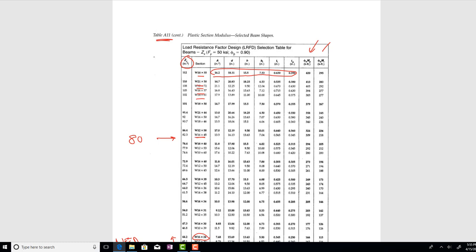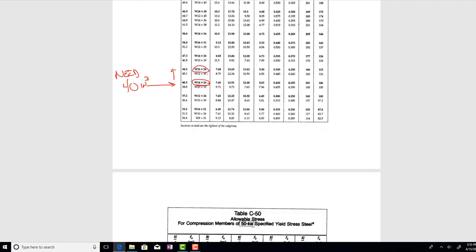W16 by 45 is the first one that works, because 82.3 is barely bigger than 80. But if you scan up real quick, there's actually a W21 by 44 that is lighter. And assuming that we have the dimensions to fit a W21 in there, for the sake of this class, I said go ahead and pick the lightest section. It's going to be cheaper. That's the value that we'd select.